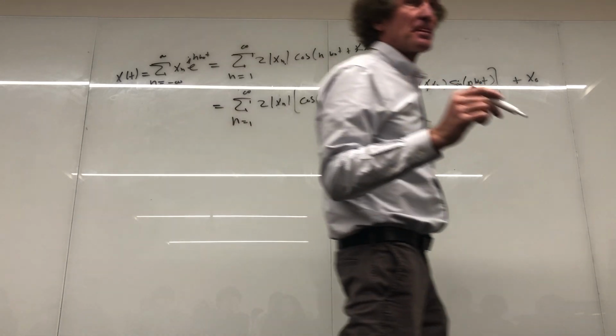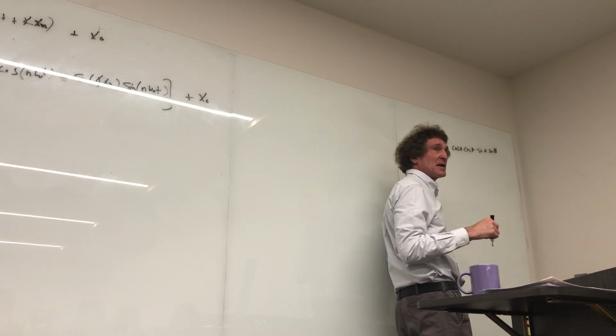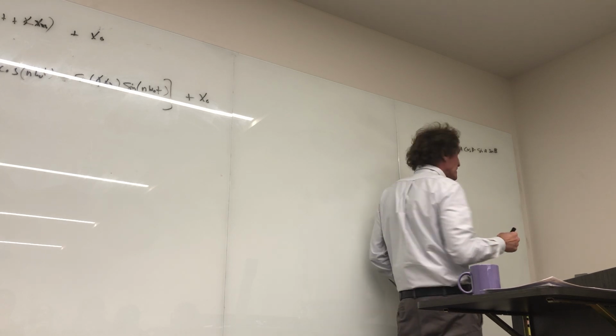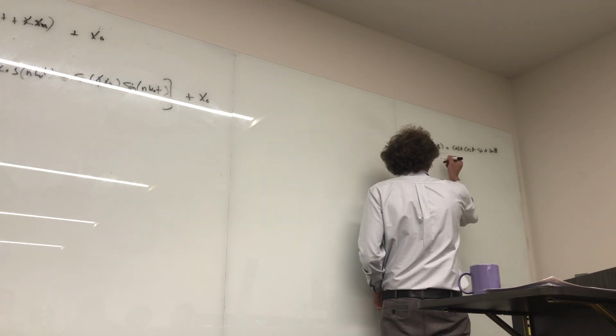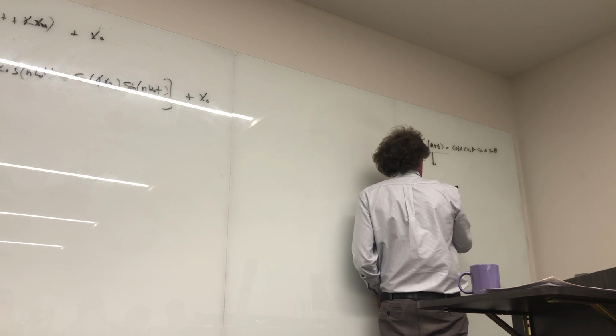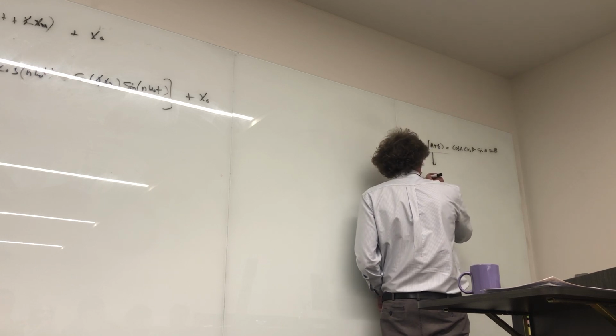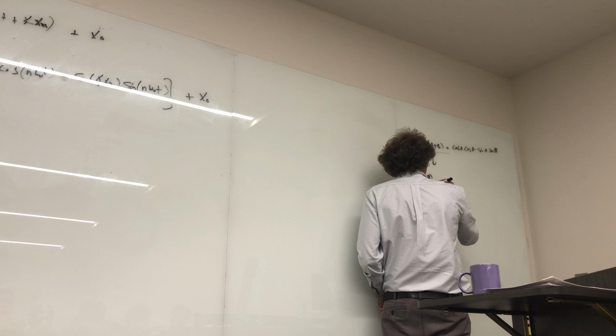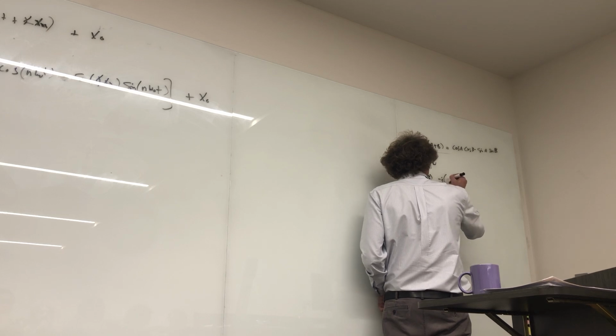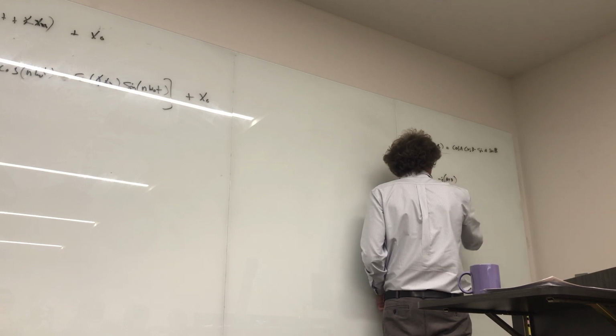And if you ever want a trig identity, this is a tip. If you have anything, cosine, sine, anything like that, and you want a trig identity, say you have this right here. Well, what is that in terms of exponentials? It's e to the j(a plus b) plus e to the minus j(a plus b), over 2, isn't it?